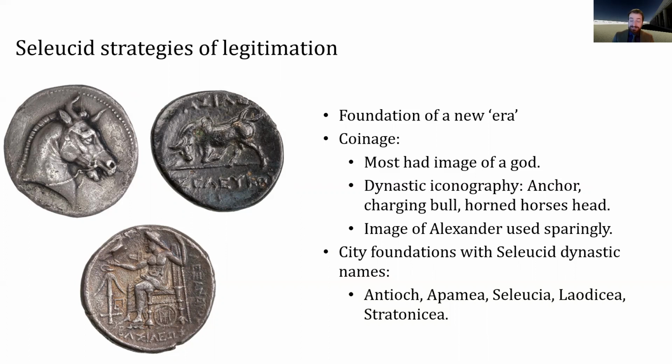Honestly, the Seleucids are full of interesting facts, but one of the really interesting ones is that the so-called Seleukid era, or the year of the Greeks, continues well into the modern age. Some of the Eastern churches, the Assyrian Church or the Church of the East, still use the Greek year to delineate time.